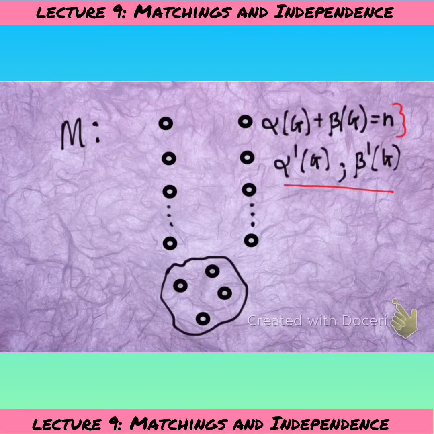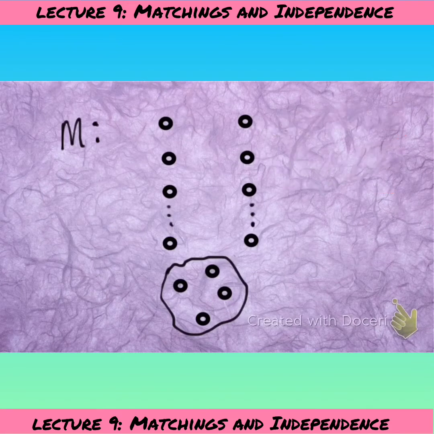Now we can actually find a similar type of result for alpha prime and beta prime, and basically how we do that is let's take a maximum matching of a graph G. Let's call this maximum matching M. Right, so there's my matching in blue edges, and then we've got the remaining vertices there.